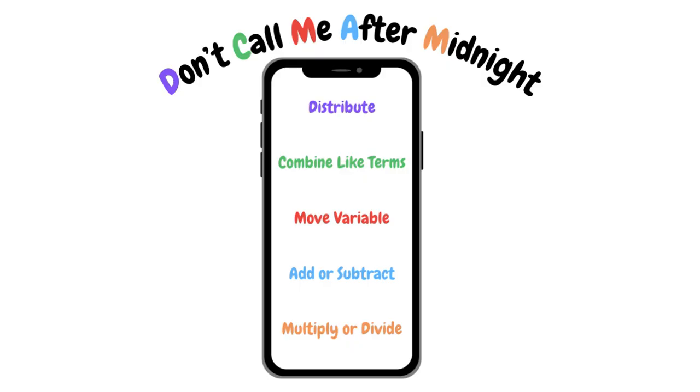And we just combined a bunch of like terms. The newest thing is the me, and it's moving the variable. That is going to be the absolute newest step for most of us. And then the after midnight is solving the basic equations like we were doing last year. We add or subtract, then we multiply or divide.